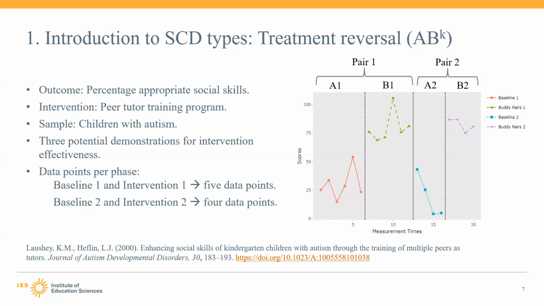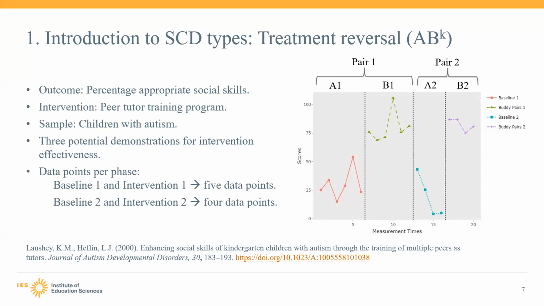In order to meet the What Works Clearinghouse standards without reservations, there is a need for at least 3 demonstrations of intervention effectiveness, at least at 3 different points in time. Now in this study, the research team actively manipulated the independent variable and did have 3 opportunities to evaluate intervention effectiveness within each participant included in their single case study.